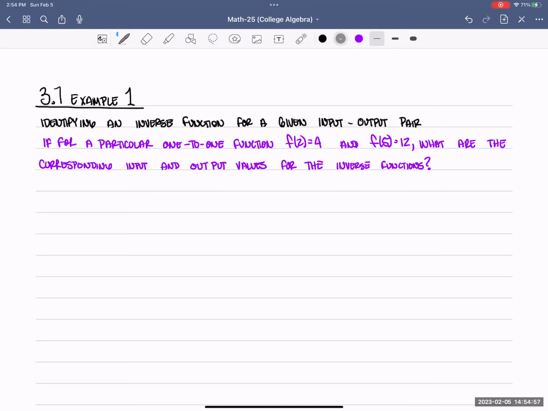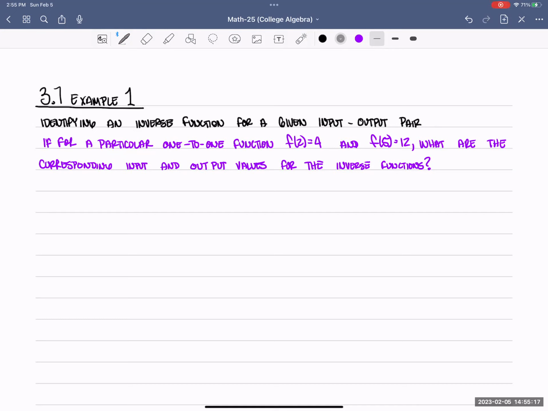One thing to note is that with one-to-one functions, their inverses reciprocate domain and range. So the domain of our function is now the range of our inverse function, and the range of our function is now the domain of our inverse function.